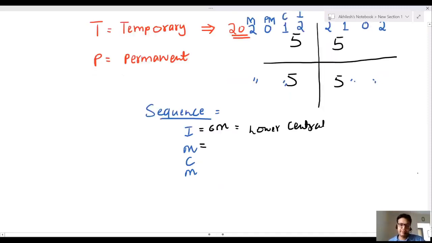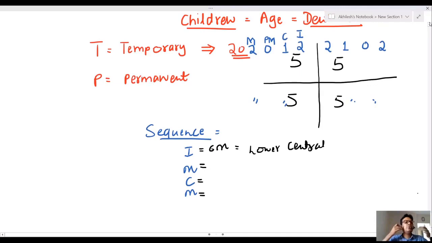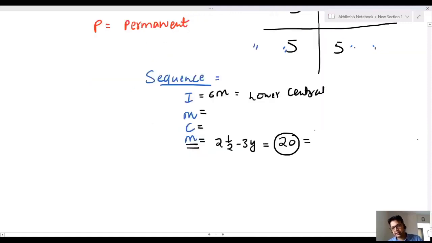Then comes molar, then comes canine, then comes second molar. Second molar, that is the last tooth, comes at 2.5 year to 3 years. Sir, from 2.5 to 3 years, you will get all 20 temporary teeth.